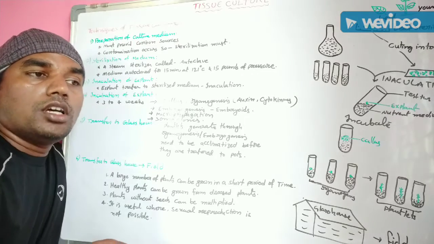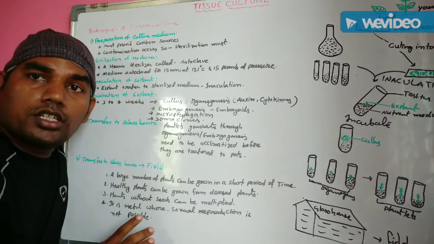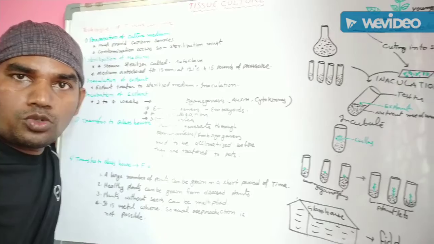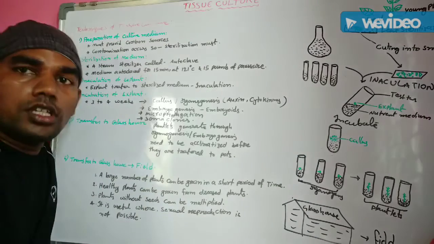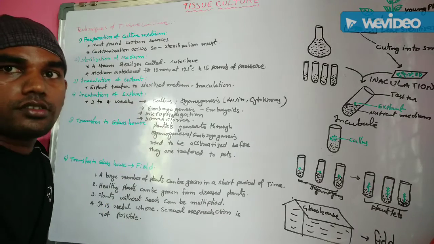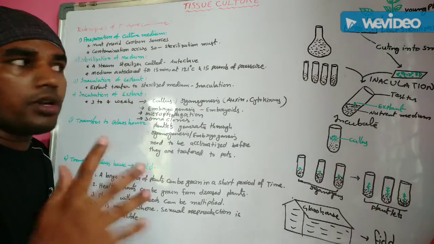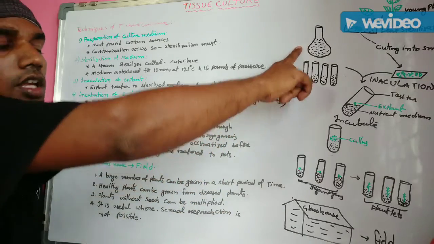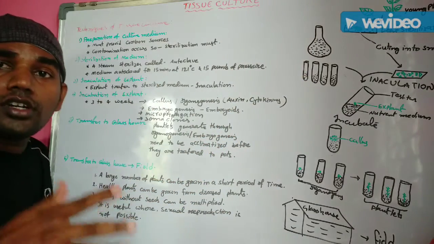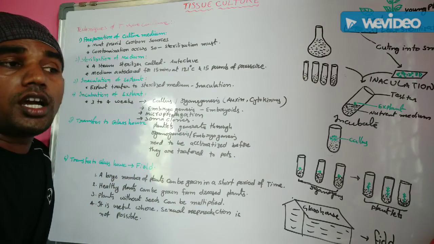Let's discuss the tissue culture techniques. It is very important and also an 8 marks question. Listen carefully. What are the steps involved in the tissue culture technique? The first one is preparation of culture medium. This culture medium consists of several valuable nutrients or carbon sources.